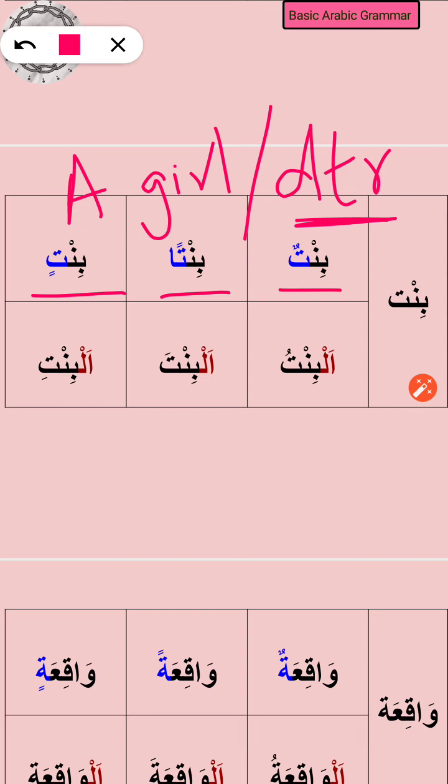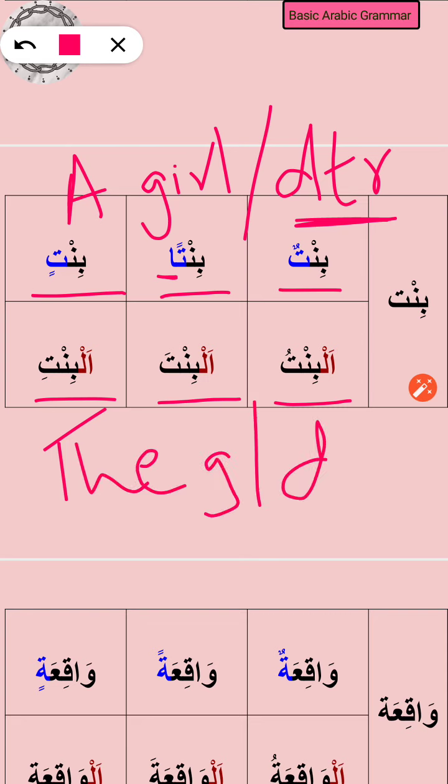So we have the marfa form of bintun, which is al bintu, the daughter, al binta, without the post-tanween alif which was here, and then the jar form is al binti. The girl or daughter.